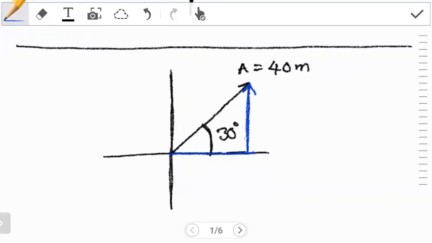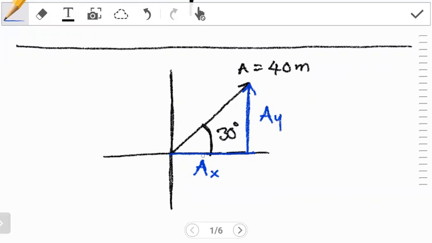These are the steps that make up this vector A. So the steps along the x-axis we're going to denote as A_x, the component of A along the x-axis, and then the steps you have to take along the y-axis are going to be denoted as A_y, or the component of A along the y.